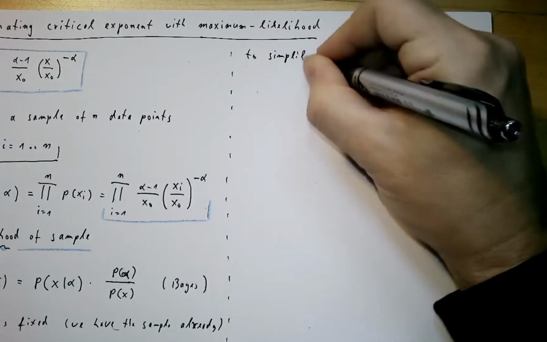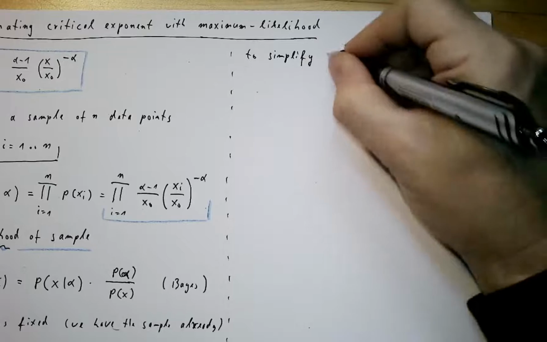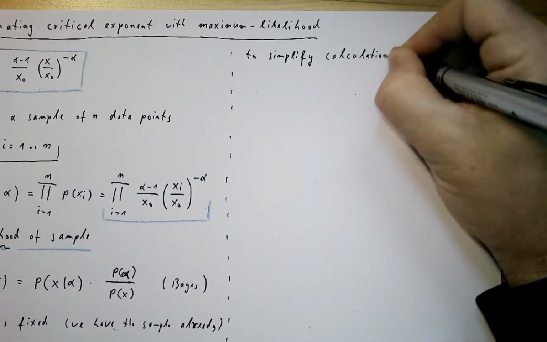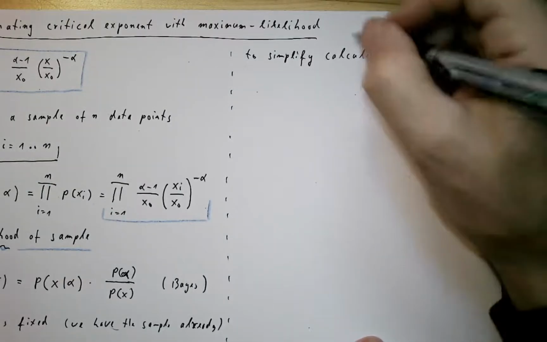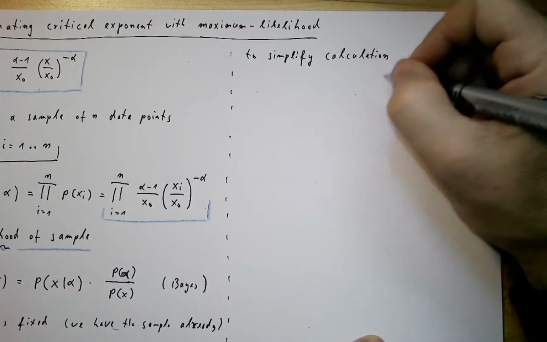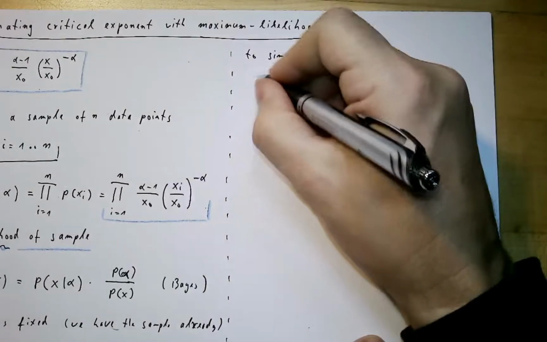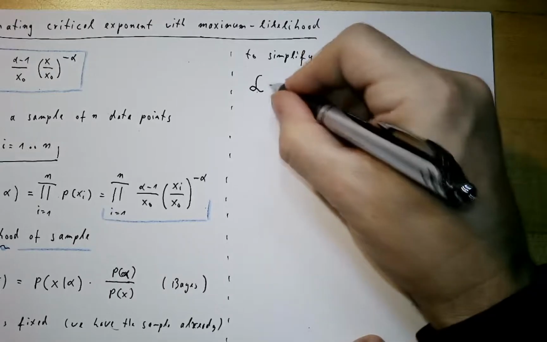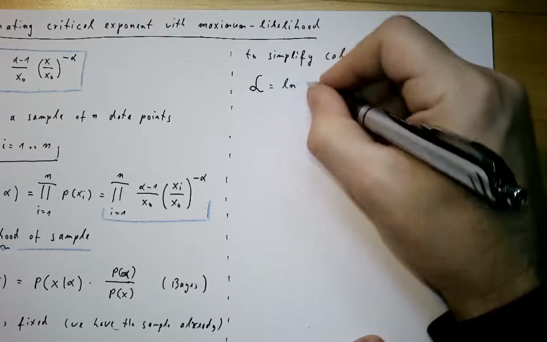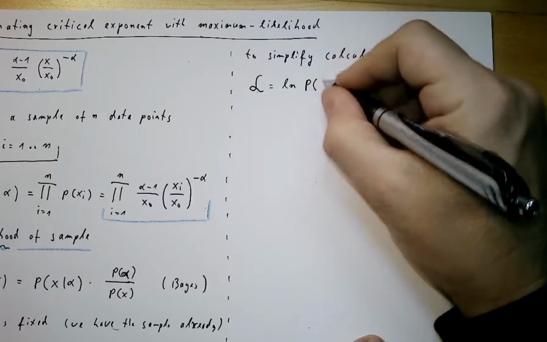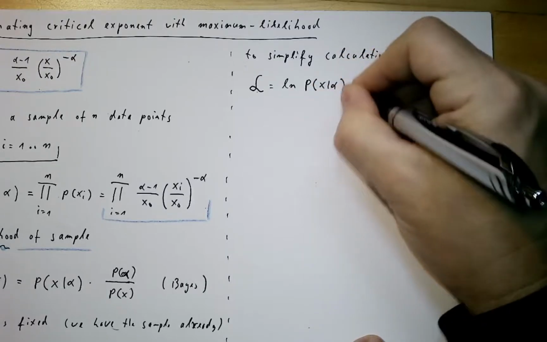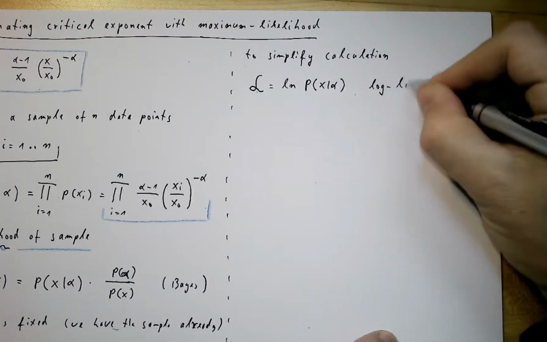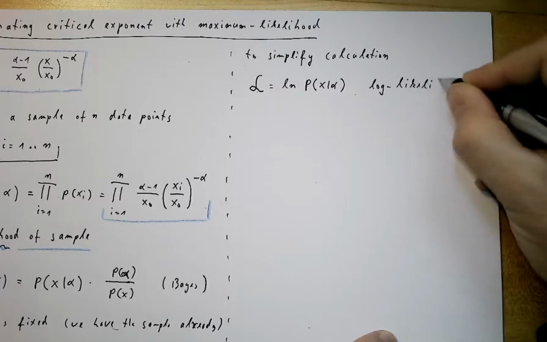To simplify the calculation, we calculate this L. This is the logarithm of the likelihood, and this is called the log likelihood.